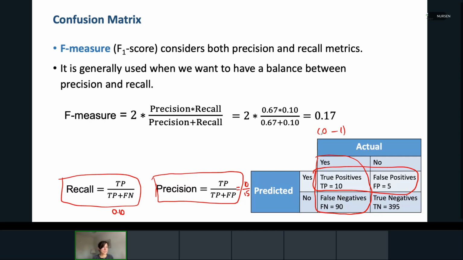If it is close to 0, as in this case, it is on the lower end, that means our model is not successful identifying those churners. So we will use these measures to compare the models, and most of the time, depending on the errors we are making, depending on their costs, we may want to have a balance between precision and recall, and if that is the case, we can use the F1 measure, which is quite useful.